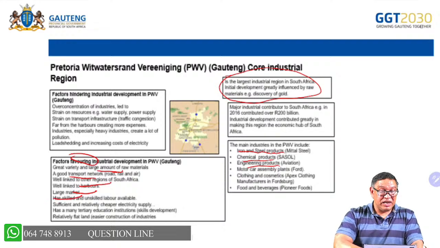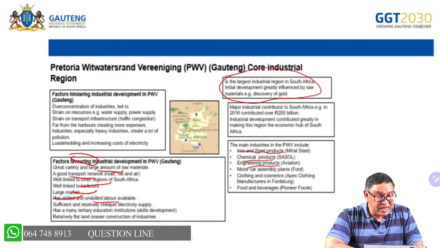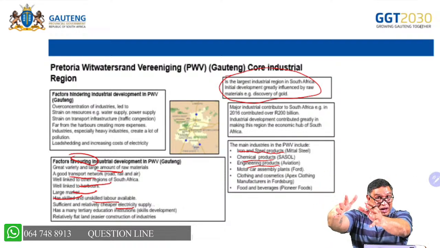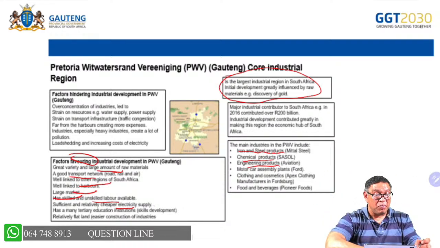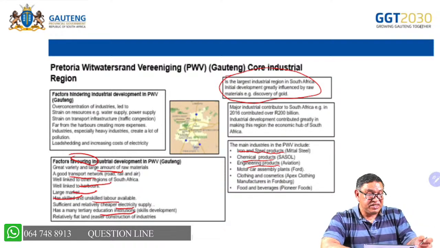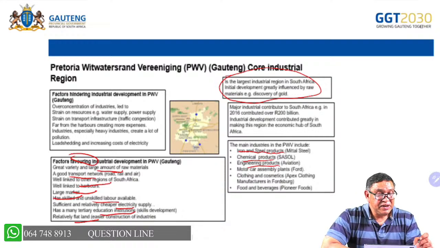It also has a large market, skilled and unskilled labor, and cheaper electricity because it's near the coal mines of Mpumalanga. It has many tertiary institutions to train skills development, and the land is relatively flat.